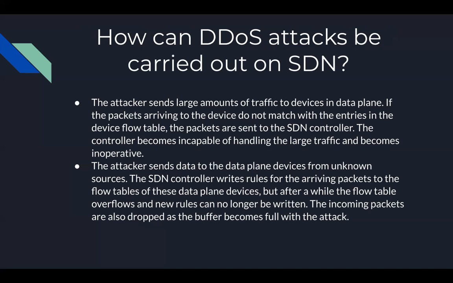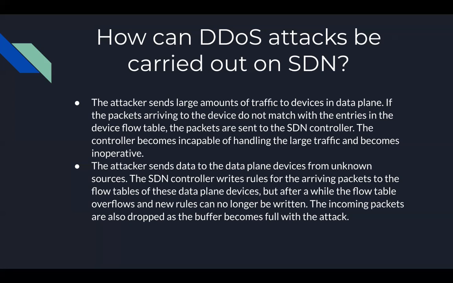There are two ways in which DDoS attacks can happen on SDN very easily. First way is the attacker can send large amounts of traffic to the devices in the data plane. And if the packets arriving at the device do not match the entries in the device flow table, which is actually written by the SDN controller, the packets are sent directly to the SDN controller.